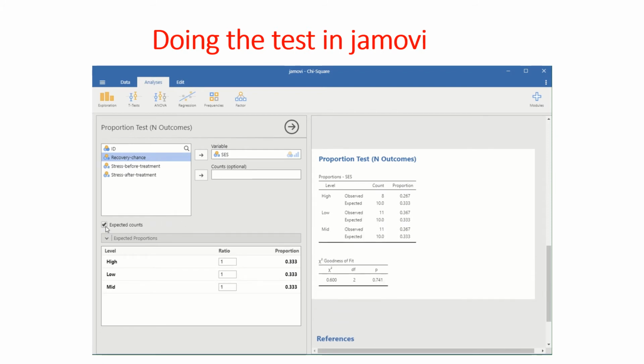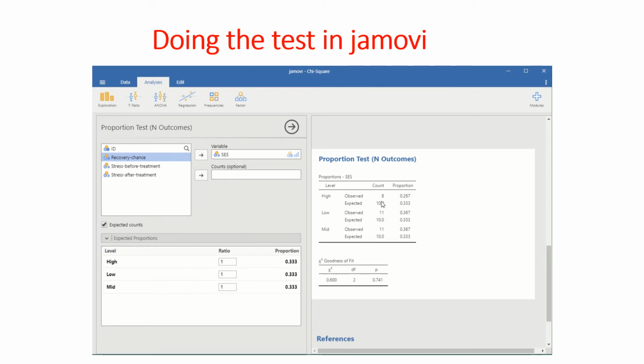You could also click on expected counts. You could see here that if the null hypothesis was true, we expected 10 people in the high, 10 in the low, and 10 in the mid, exactly 33% in each level.